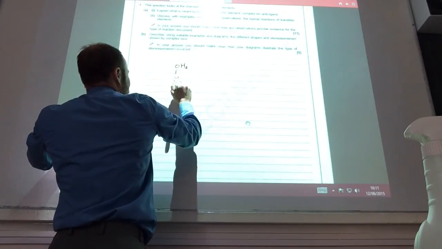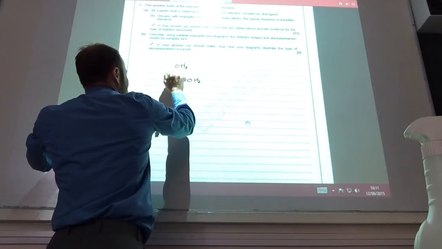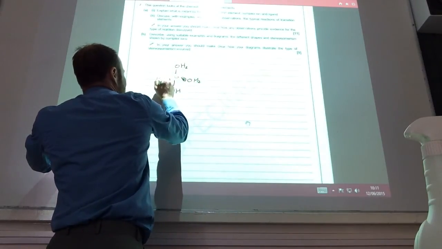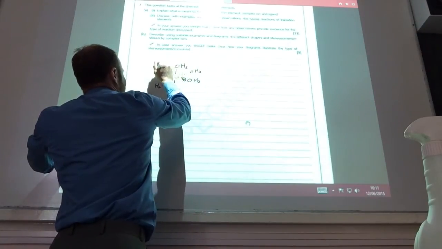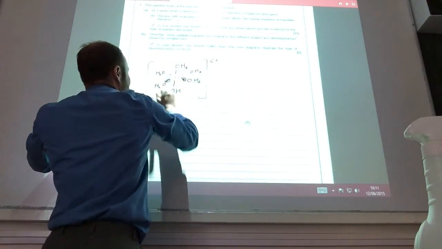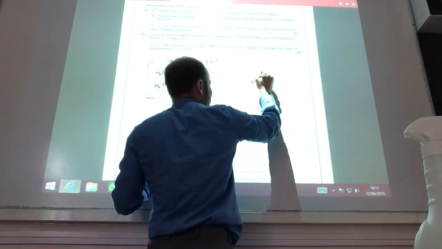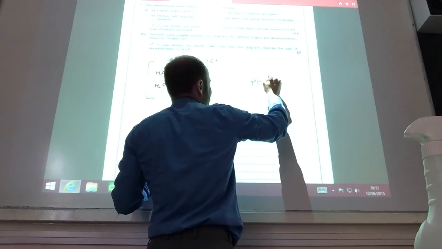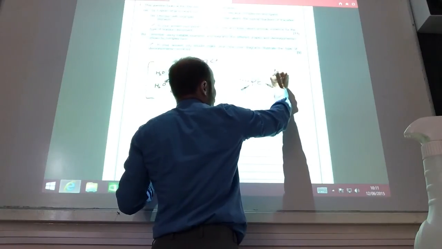Remembering if I do copper with water, to just make sure that your dative covalent bond always ends up at the oxygen, and that is 2+, of course, so that's an octahedral example. Square planar, you may want to do cisplatin for that one, because that is one you need to know.